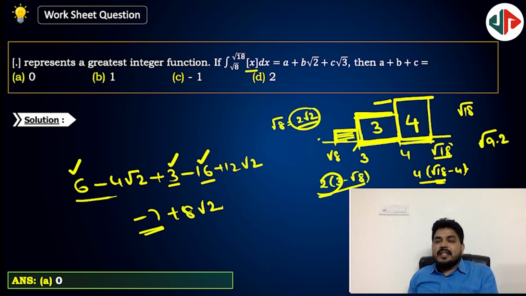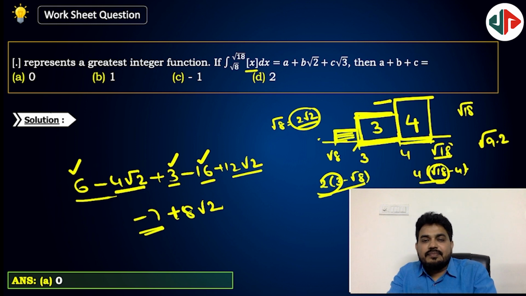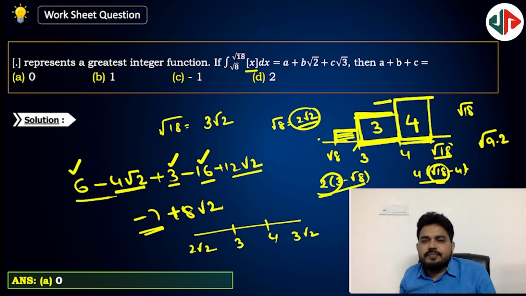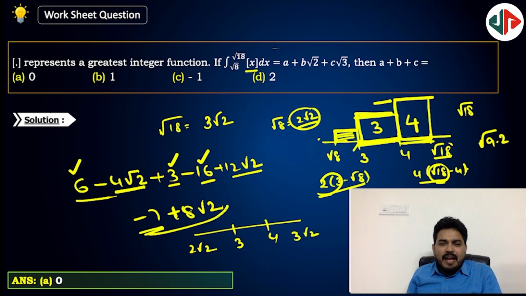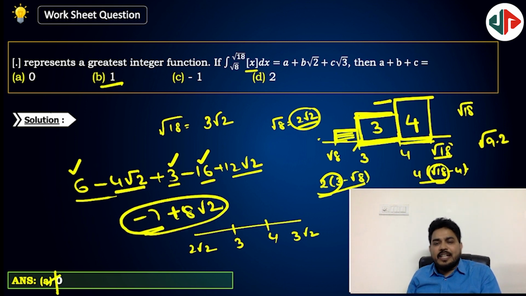Next one, this value will be 12 root 2 minus 4 root 2, plus 8 root 2. So answer should be equal to minus 1. I am getting plus 1, but 0 is given. 0 is not the correct one.